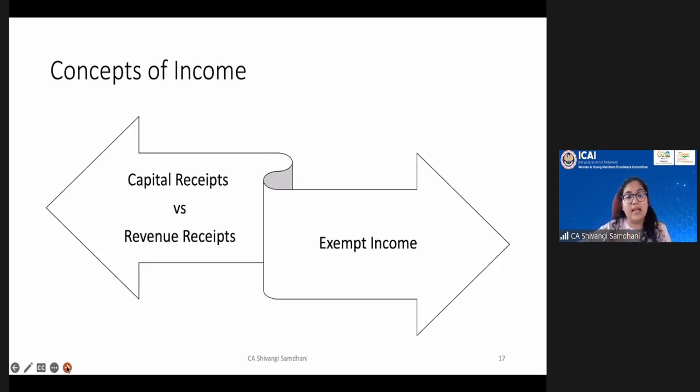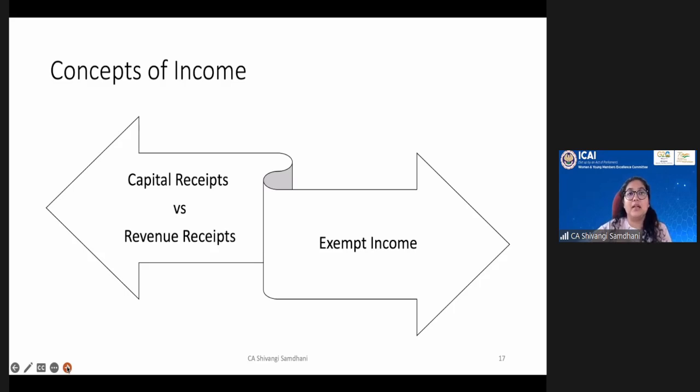And accordingly, it was held in those days that this is a capital receipt and not part of income. But now, friends, even this receipt of subsidy is specifically added in the definition of income. Clause 18 of the definition provides that any type of grant received from government is to be offered as income. So it is a capital receipt, but because of the enlarged definition of income, it is part of income.